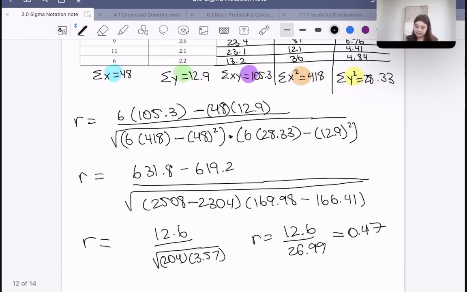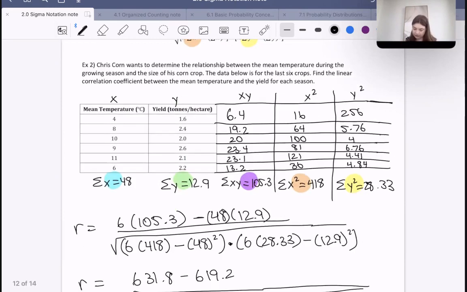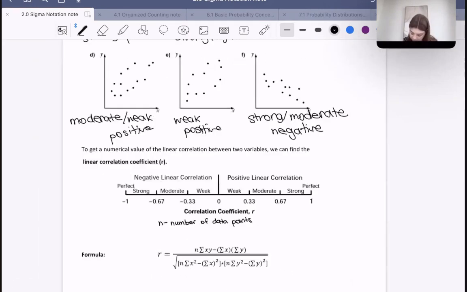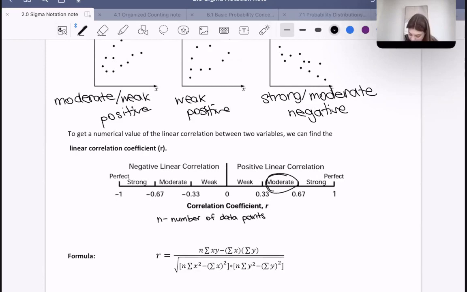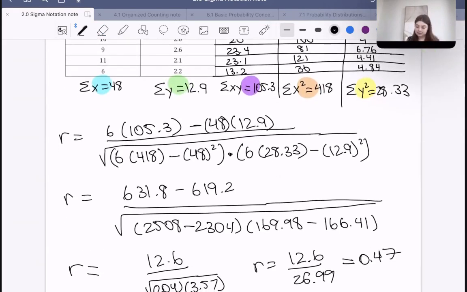Okay. And the original question was to find this and also find the linear correlation, basically come to a conclusion about what we found. So if we go back on here, 0.47 is in between 0.33 and 0.67. So that means that there is a moderate positive linear correlation.